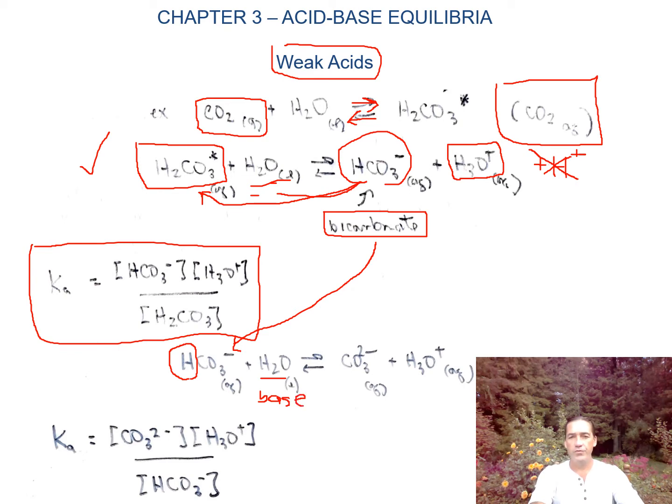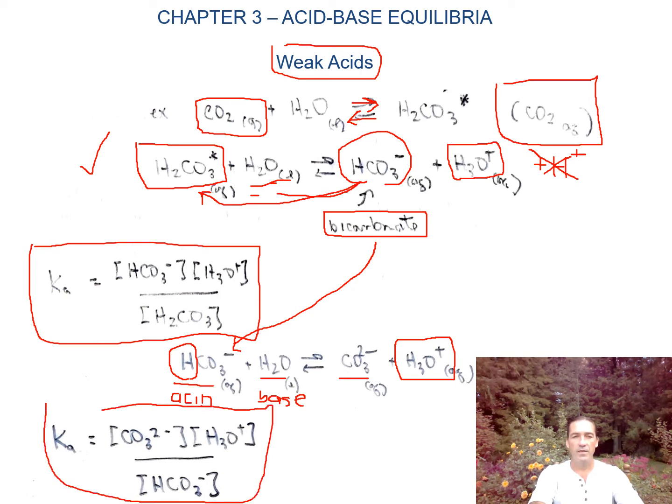And it's going to form carbonate and more hydronium ion. And so again, it donated its proton, the definition of a weak acid, and it does it sparingly, of course, forms carbonate and H+. And I would want you to be able to write that equation along with the equilibrium expression.